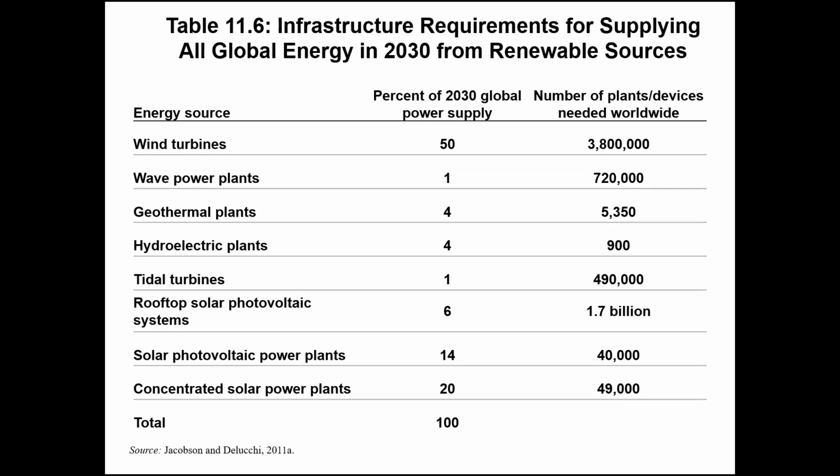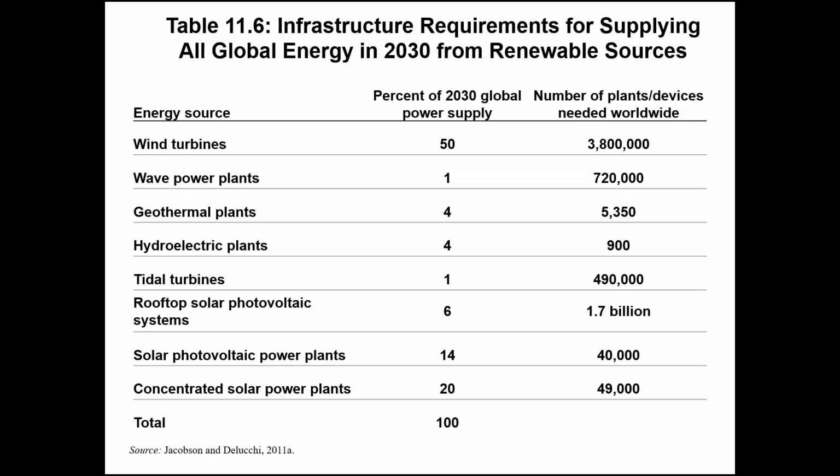If we wanted to supply all global energy by renewable resources by 2030, here's what we would need to do, according to that same study. The middle column gives, if we wanted 100% of our energy to come from renewable sources, what percent should come from each of these energy sources.